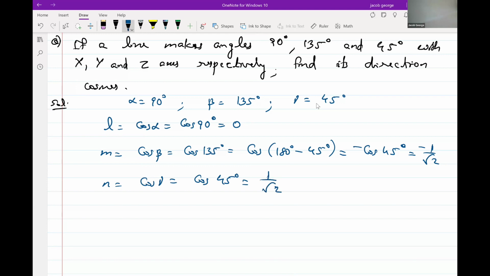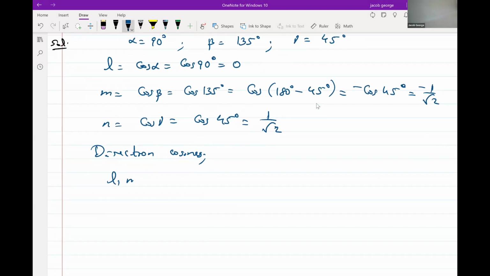Therefore, the direction cosines LMN are cos alpha, cos beta, cos gamma, which is 0, minus 1 by root 2 and 1 by root 2.